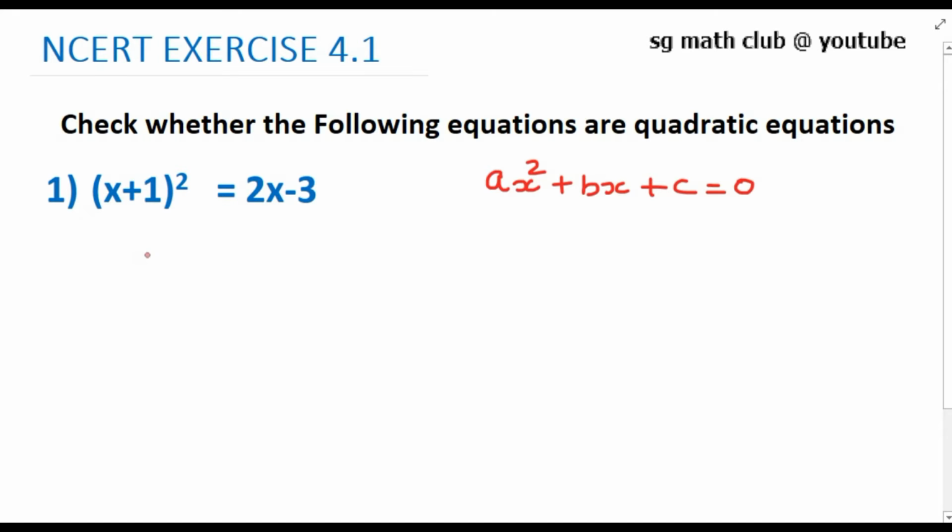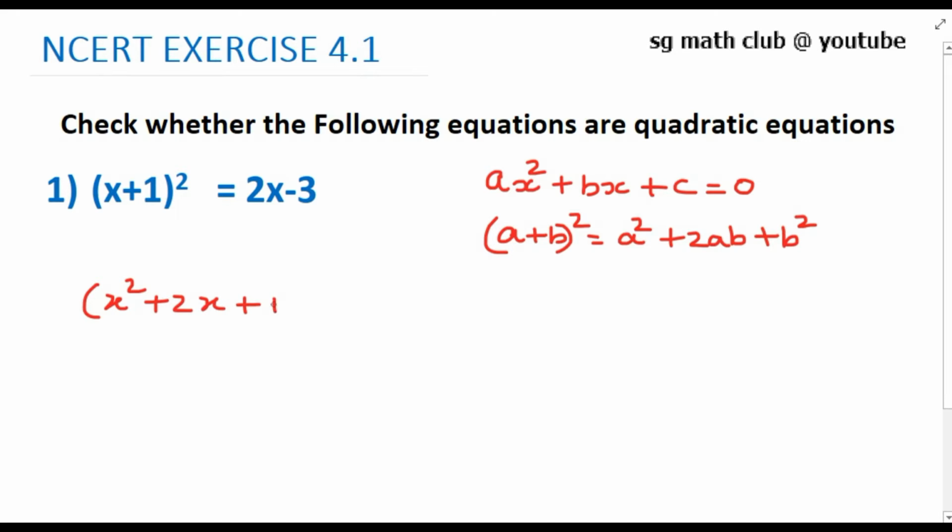So x plus 1 the whole square is in the form of a plus b the whole square, and we know a plus b the whole square is equal to a square plus 2ab plus b square. So same way we can expand this, x square plus 2x plus 1 equal to 2x minus 3.